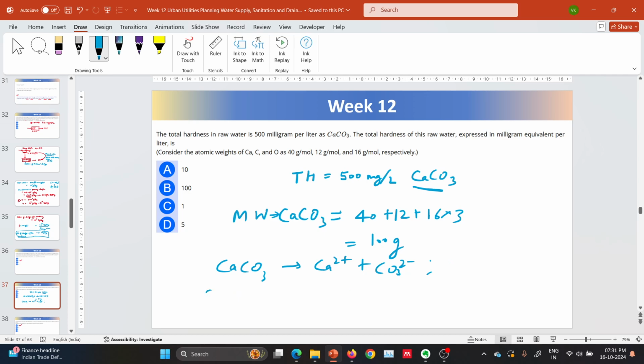Equivalent weight is molecular weight divided by valency, that is 100 divided by 2, so we get 50 grams as the equivalent weight. Now we need to calculate milli-equivalents.